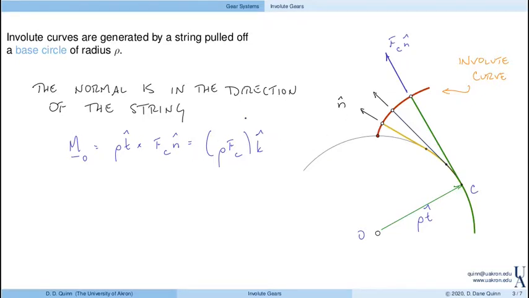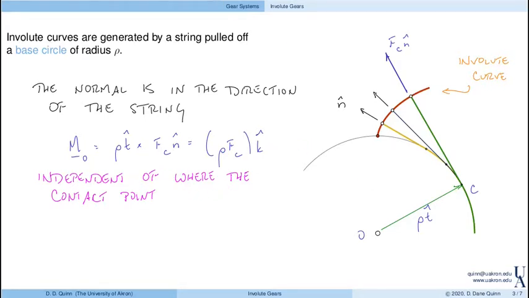And again, this is independent of where the contact point is. And this is really the important part. So if this force was anywhere on this involute curve, the moment would be rho times Fc.